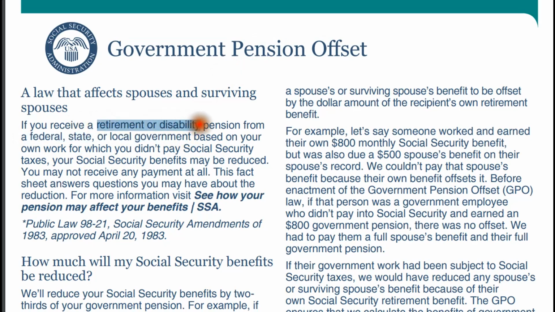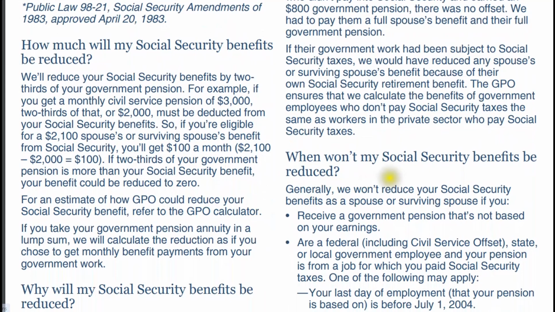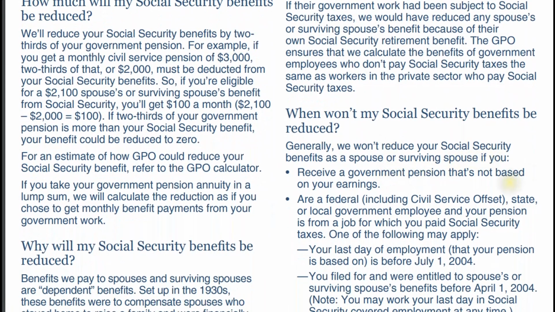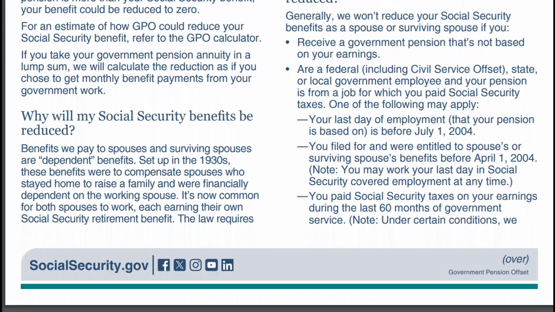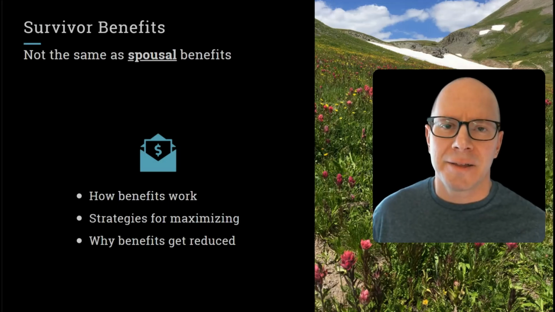So that can potentially reduce or wipe out your benefit. Next, having too much earned income before your full retirement age can cause your survivor benefit to be reduced. Now, keep in mind that the age in question here is your own FRA for retirement benefits, not that different survivor benefit FRA, even if you're getting survivor benefits. And again, there could be other factors that cause the benefit to be reduced.